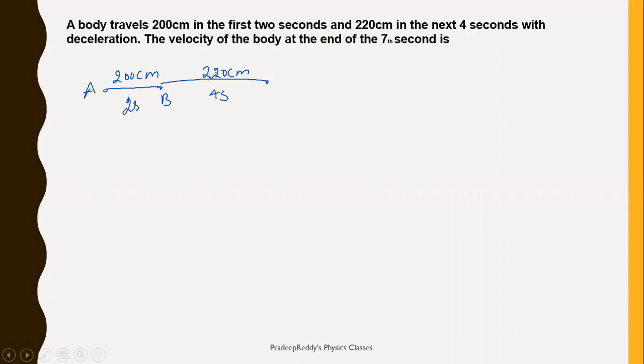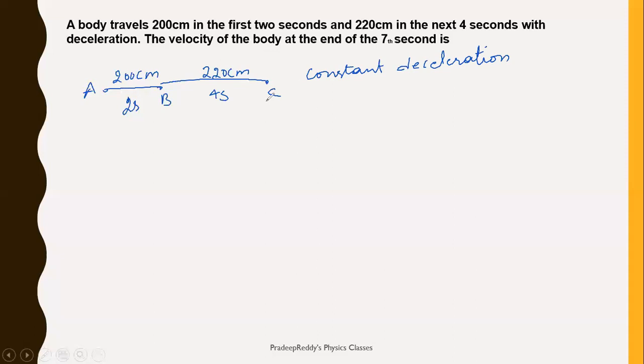So here the body is traveling with deceleration, and the body, from A to C, is moving with some particular constant deceleration. Now you are supposed to find out the velocity of the body at the end of the 7th second.